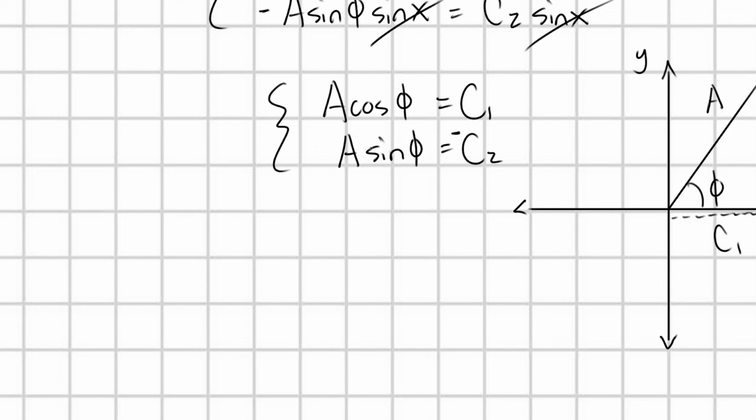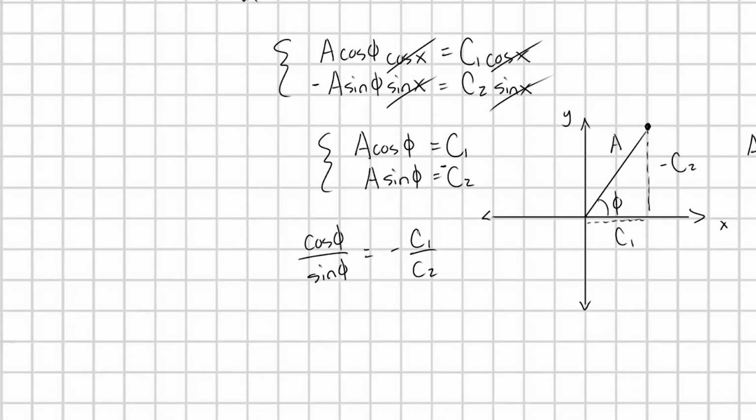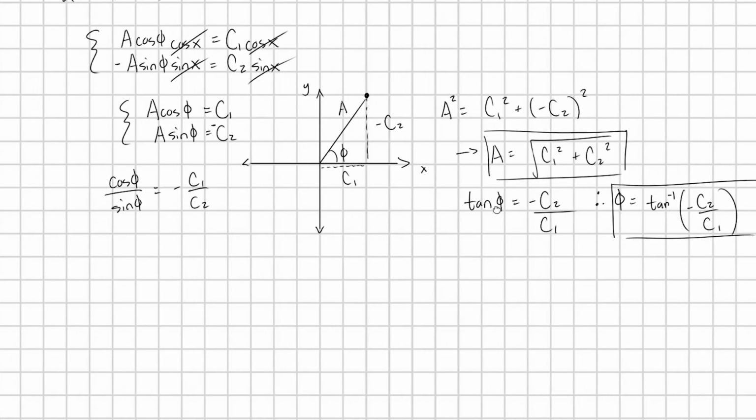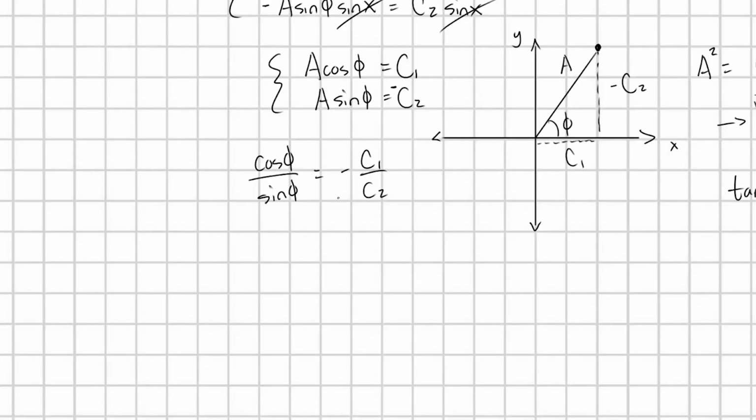I could, of course, divide through these equations, and I would be left with cosine phi over sine phi equal to minus C1 over C2. Of course, cosine phi over sine phi is cotangent. Let's go ahead and get the tangent answer. I'm just going to flip this around and say sine phi over cosine phi equals minus C2 over C1.